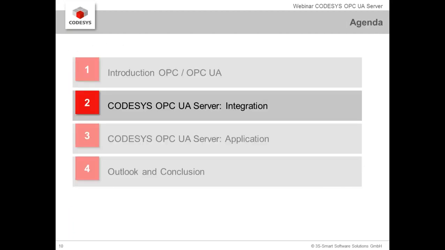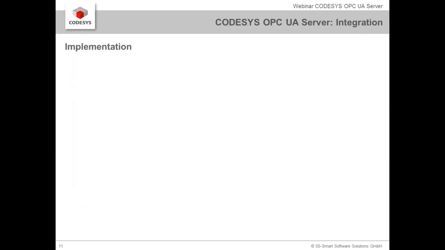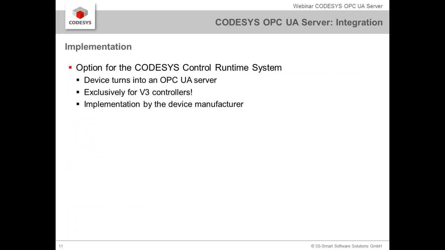Now, how is an OPC server integrated into CODESYS? The first step, you need to know that the CODESYS OPC server is an option for the CODESYS Control runtime system.